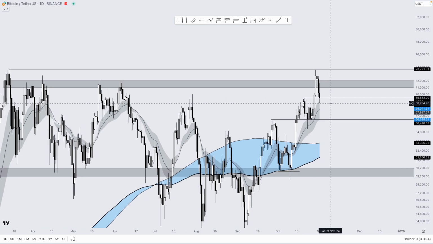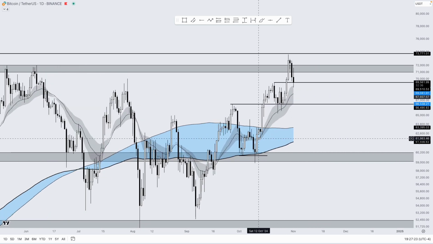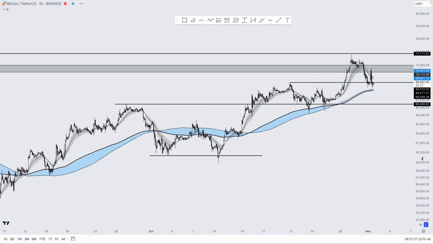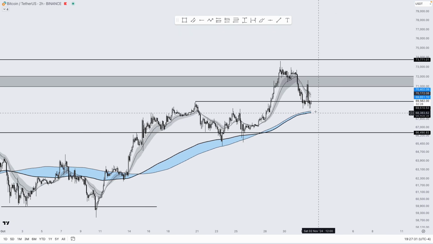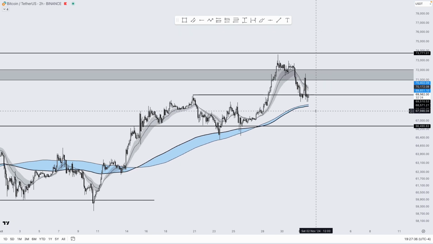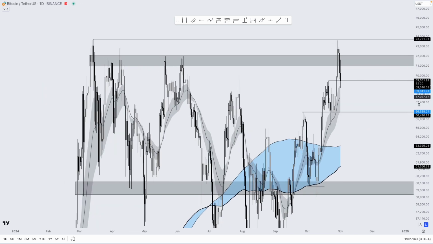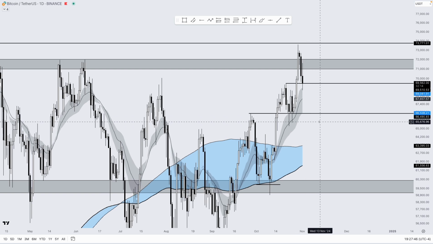So what we want to see hold here is basically this trend right here. This is also confluent with the 2 hour 200s. Basically, this is our uptrend portrayal, so we want to see this trend hold for continuation higher. Getting below this 2 hour 200s, and especially getting below this level here, about 66.5, would not be a good look.